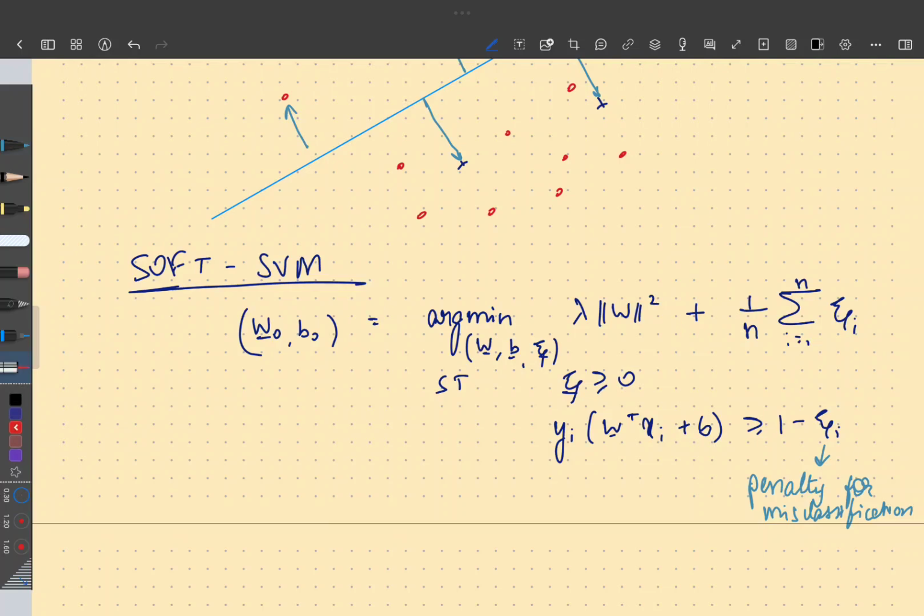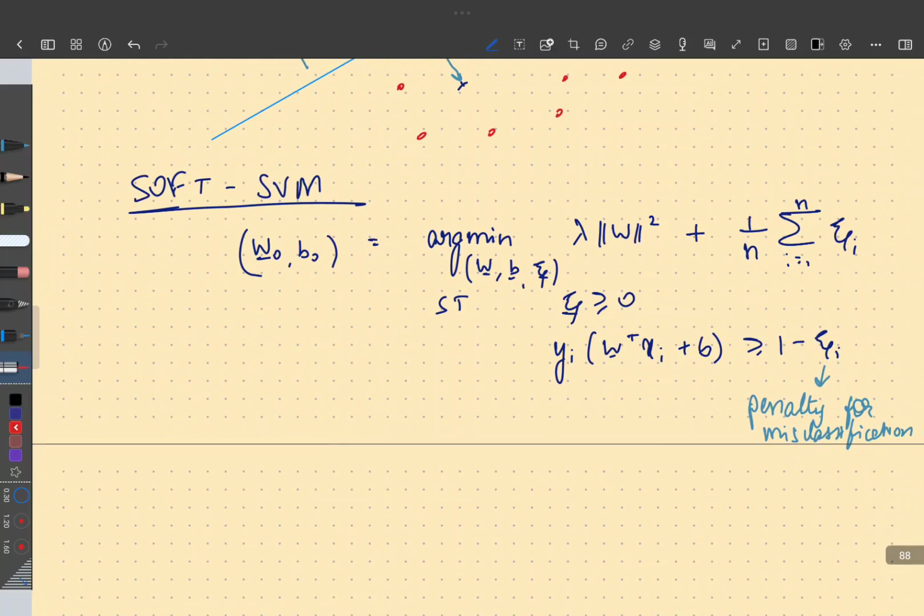If each of these were equal to 0, then you agree that this basically just reduces to the Hard-SVM optimization problem. So you can treat this as an additional penalty term. Every time each of these is non-zero, you want to make sure that these are as small as possible.